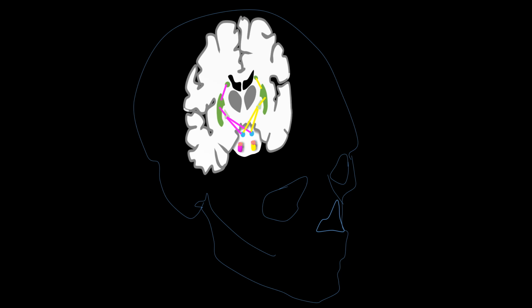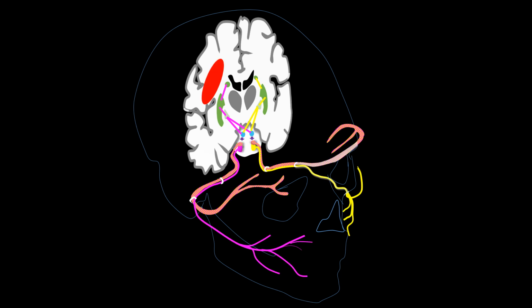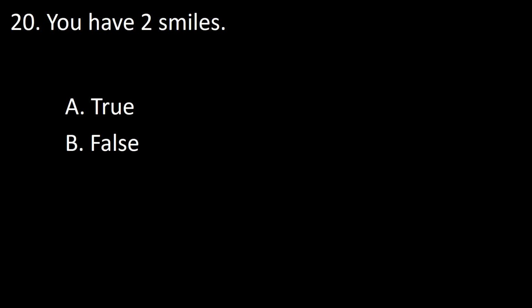This innervation from the globus pallidus to the reticular formation is bilateral. The reticular formation is in the midbrain. And from the midbrain reticular formation, probably by way of the red nucleus, to the facial motor nuclei as indicated in this frame. Hence, a stroke in the area indicated by the red oval structure in this frame does not interfere with emotional smile. So the answer to this question is true.